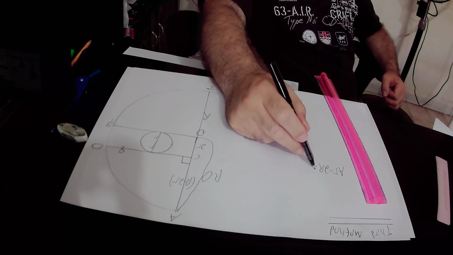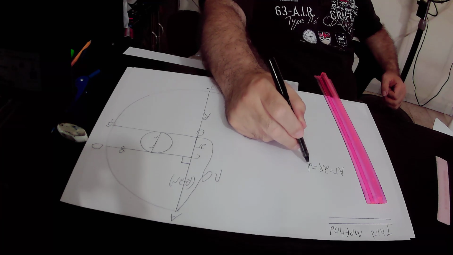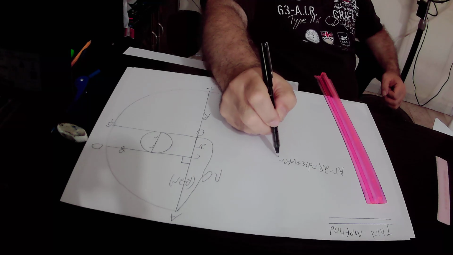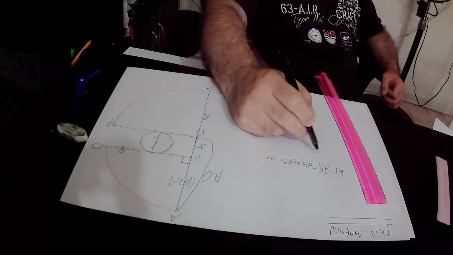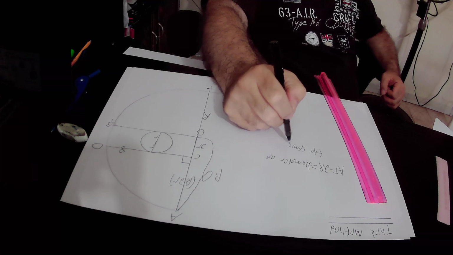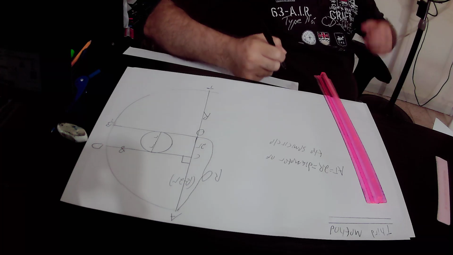So AT is equal to 2R, 2 times capital R. It is the diameter of the semicircle. Okay.